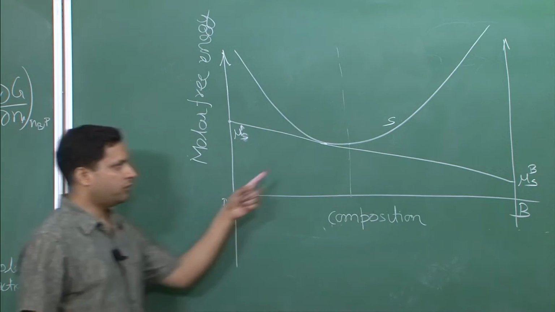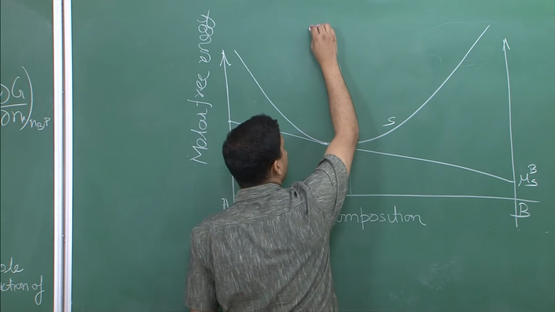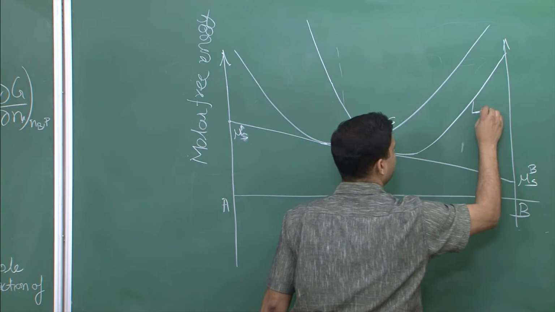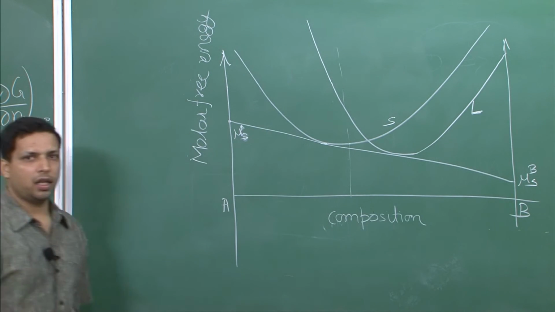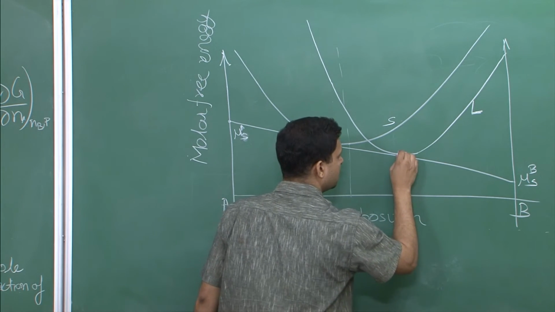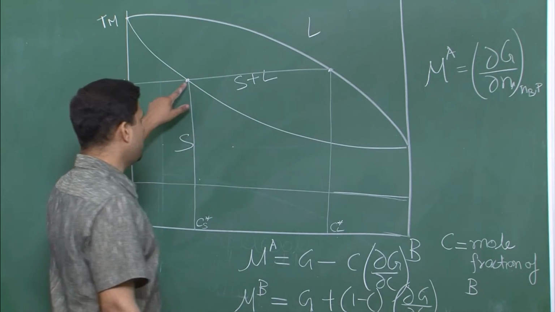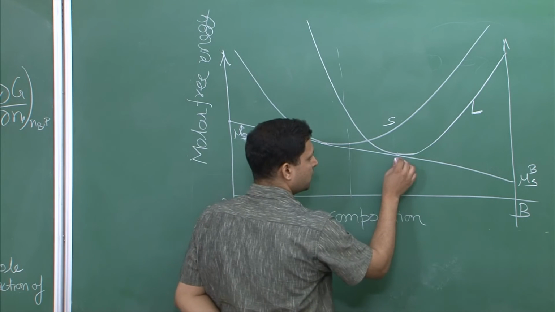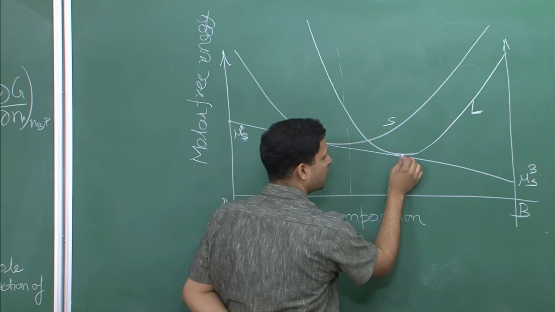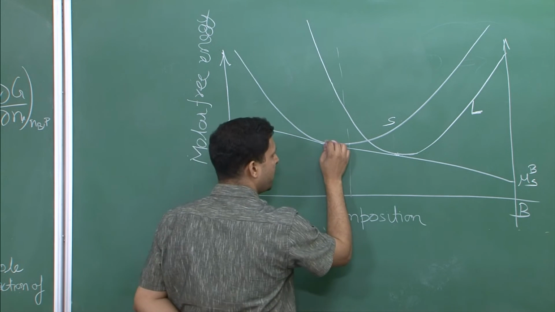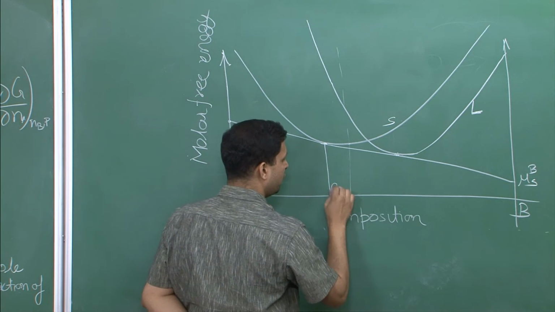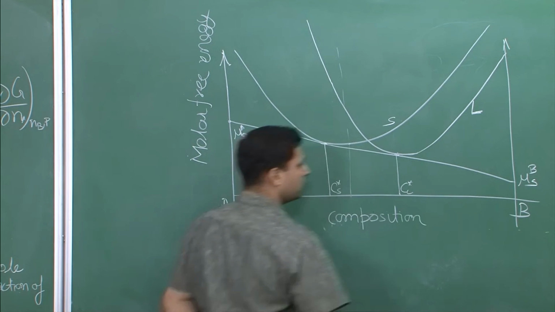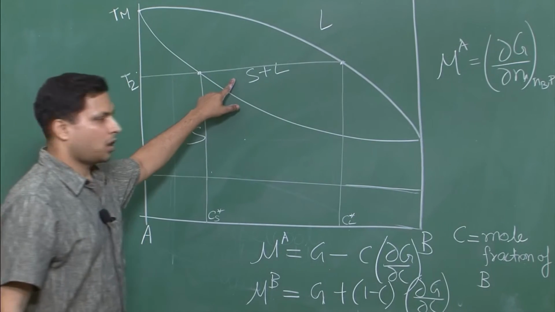Now since we have two different phases, we will also have two different plots. So this will be the free energy plot for liquid, and because we have selected a range where both solid and liquid are stable, it means that a common tangent must cross from both of these, and the points at which it crosses will give you the concentrations which will be formed when these two exist together.